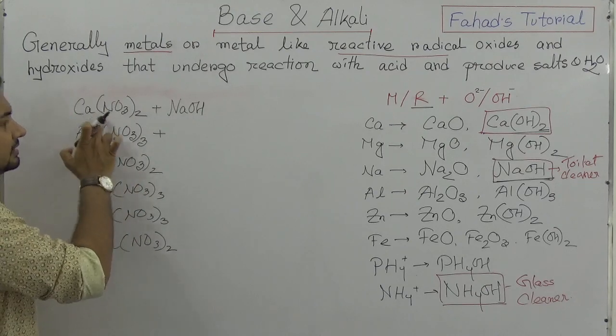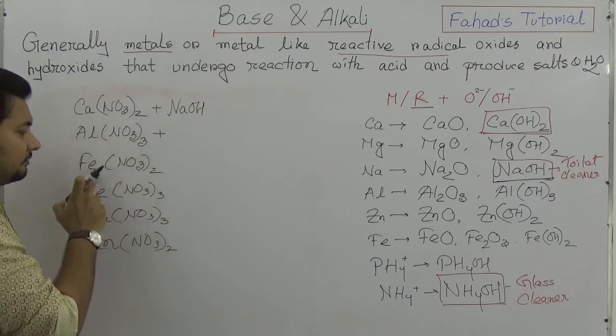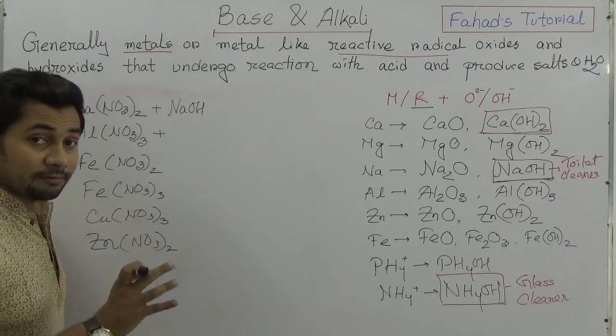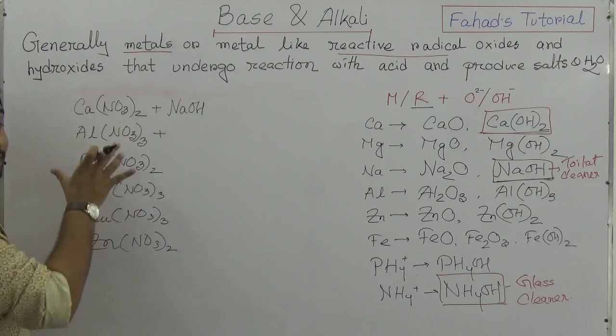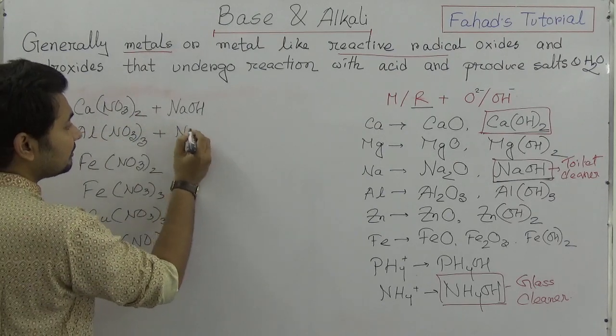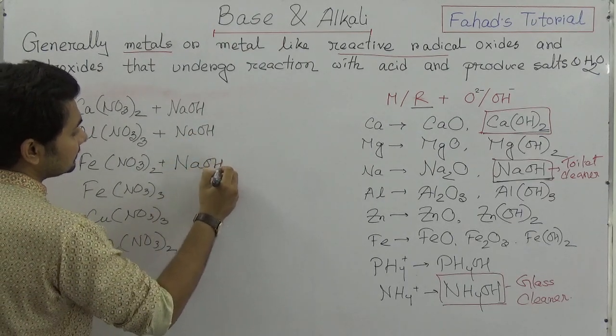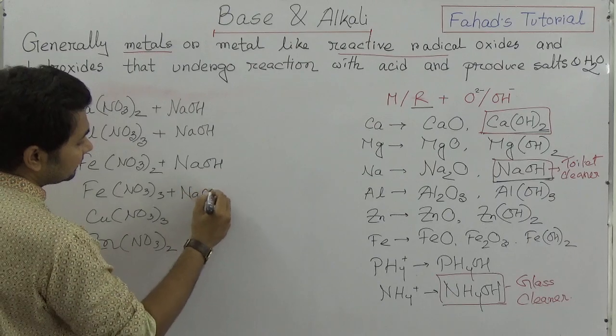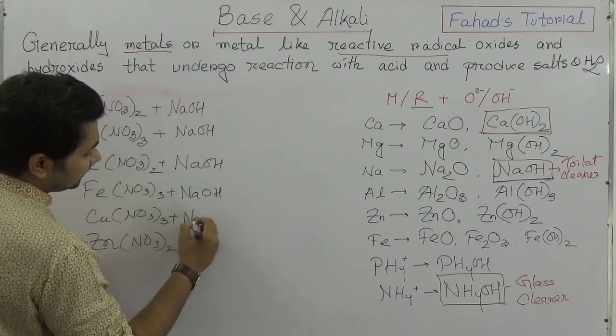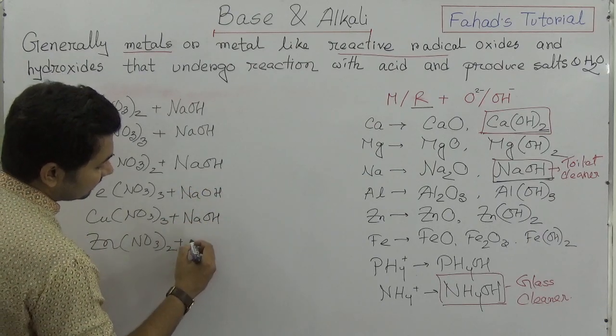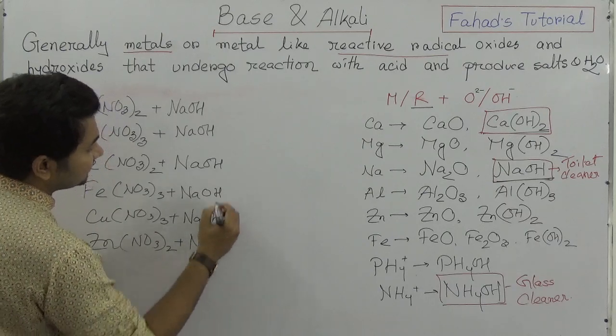You can also think about calcium chloride, aluminium chloride, ferrous chloride, ferric chloride, whatever. If you add these salts to dilute sodium hydroxide solution, we can identify the colors of the precipitates.